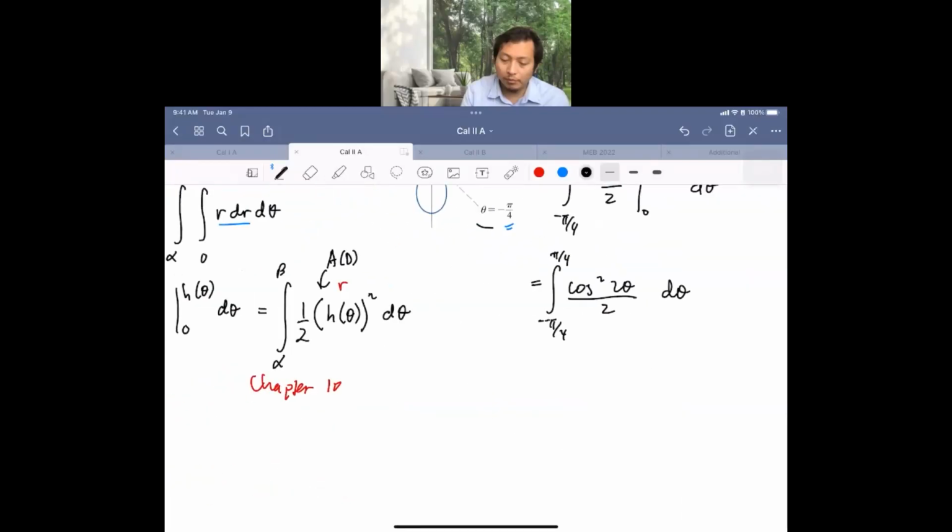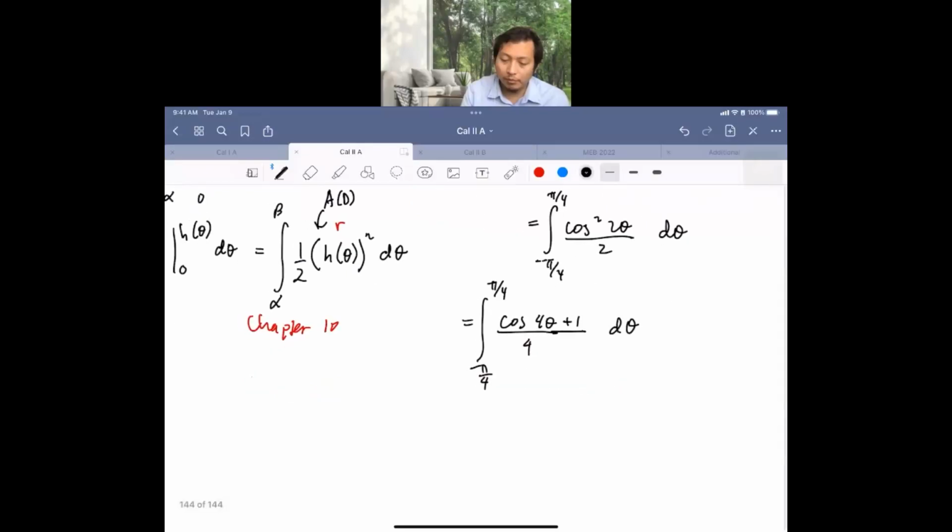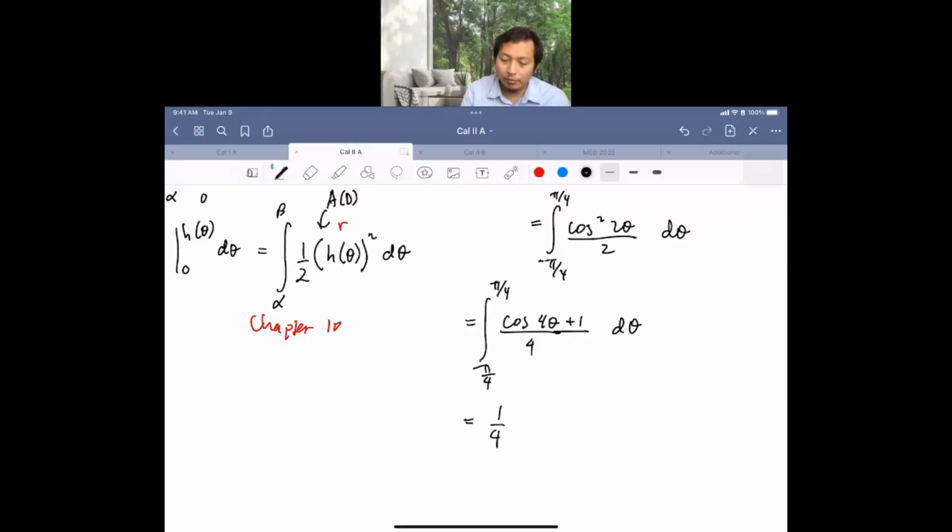With the double angle formula, we could solve this and get cos 4 theta over 4 plus 1, and maybe take 1 over 4 outside.